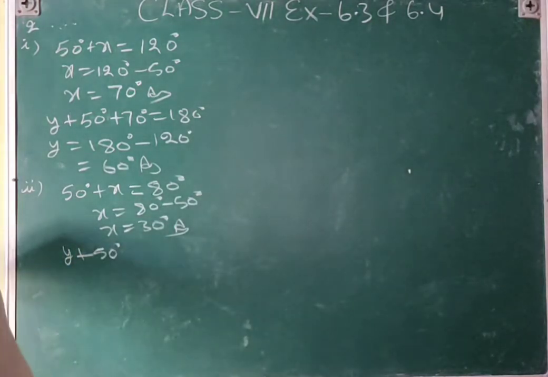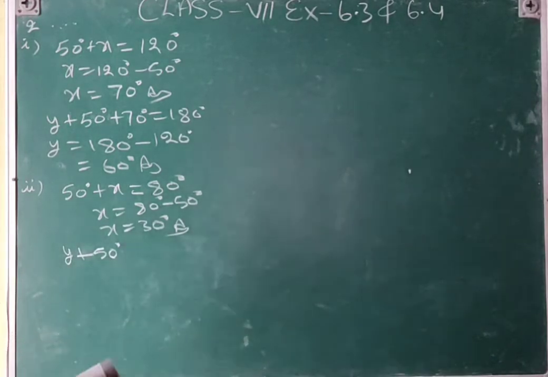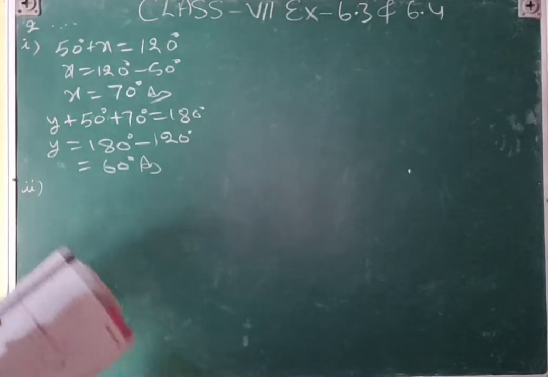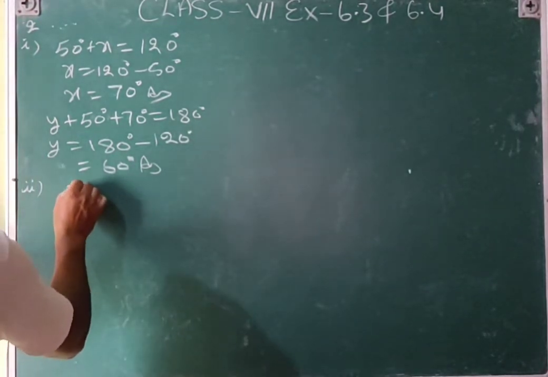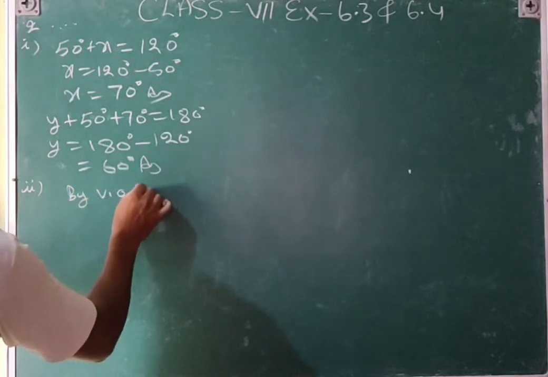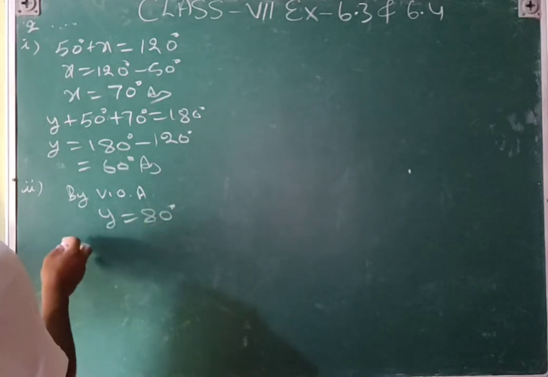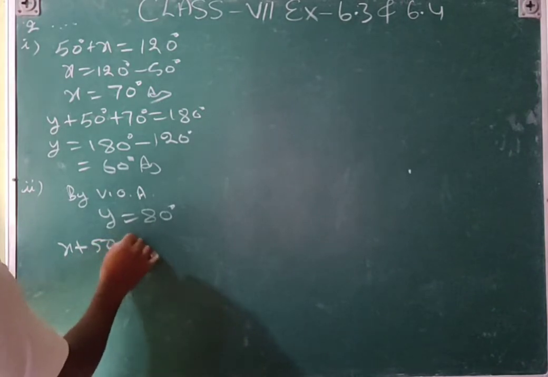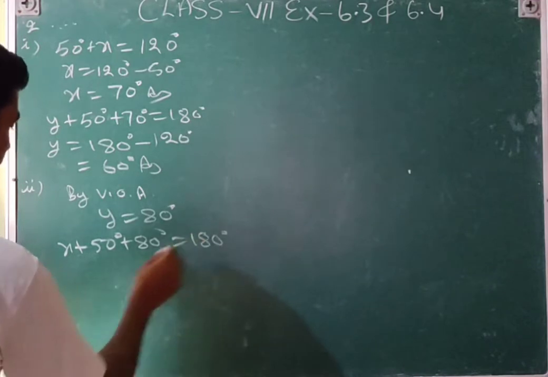Then the sum of angles property: y plus 50 degrees. See that, we will see that here. First of all we will find the angle y, because by vertically opposite angles, y is equal to 80 degrees. Now the sum of angles of a triangle: x plus 50 degrees plus 80 degrees is equal to 180 degrees.